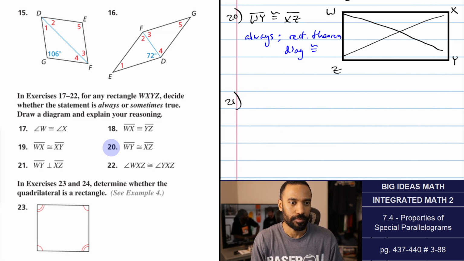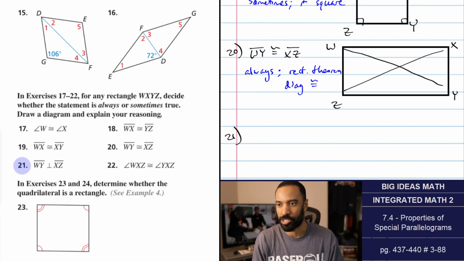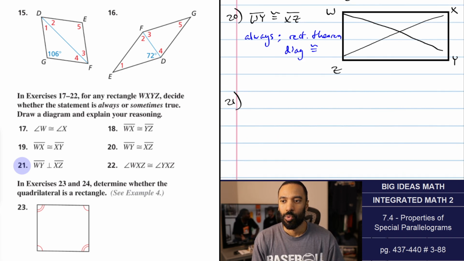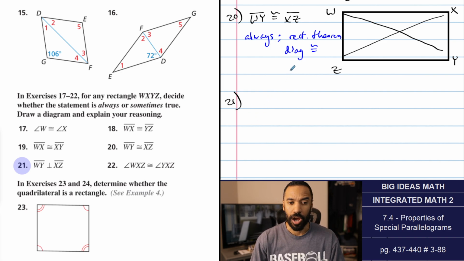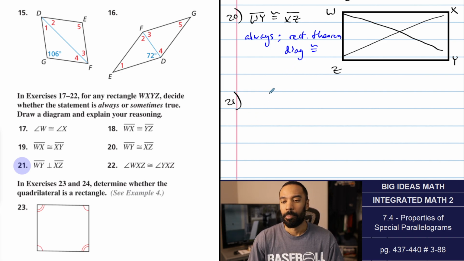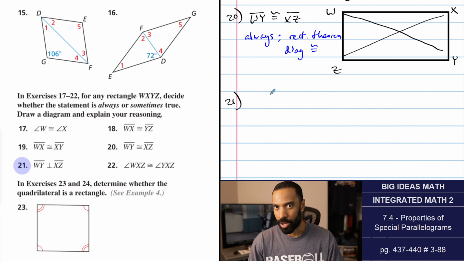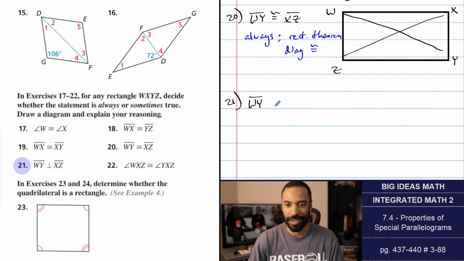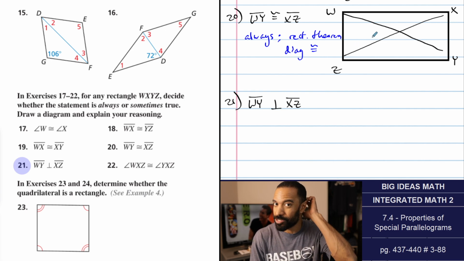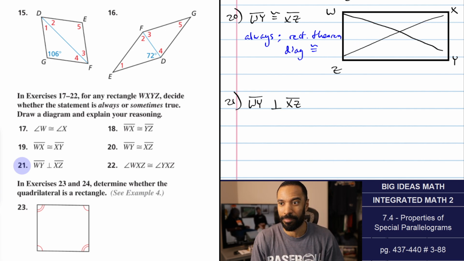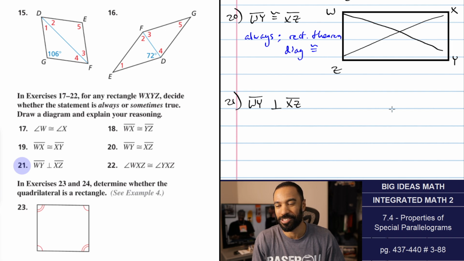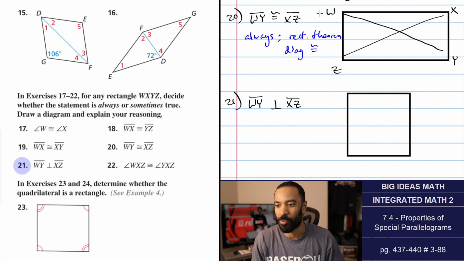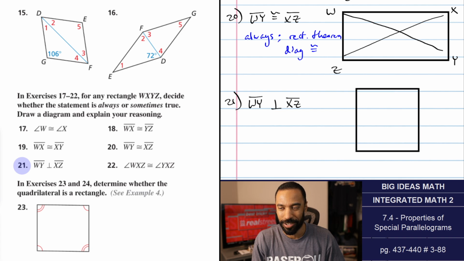Number 21. Segment WY perpendicular to segment XZ. That is once again the diagonals. We've learned that in all parallelograms, if the diagonals are perpendicular to each other, that'd be indicative of a rhombus. So in a rectangle, when you have perpendicular diagonals, you're looking also at a rhombus. But what is a rectangular rhombus, or a rhombusal rectangle? A square.